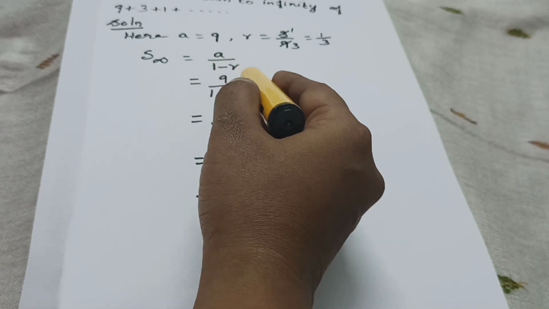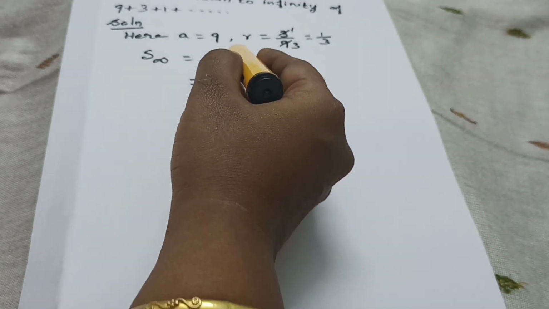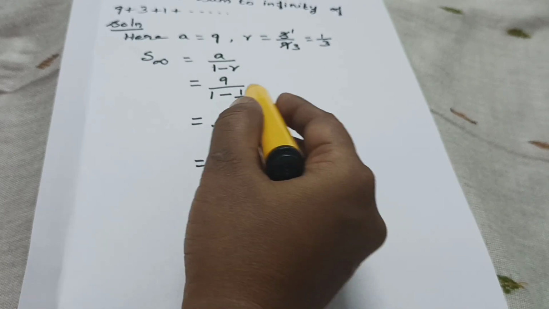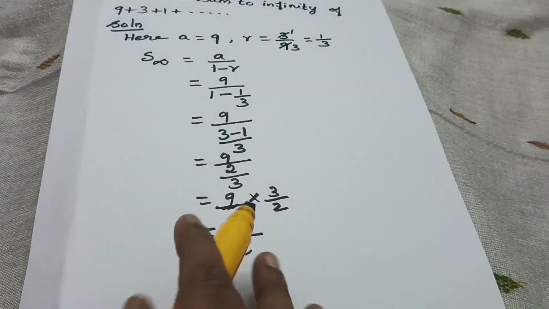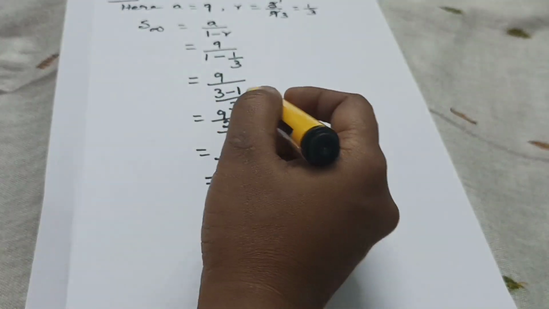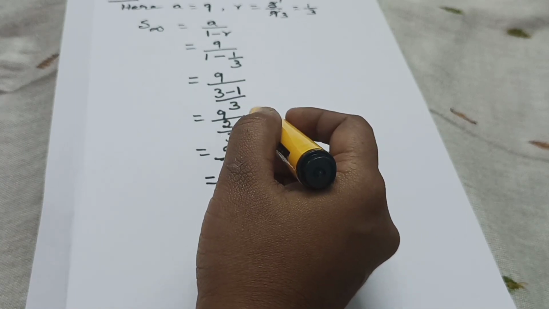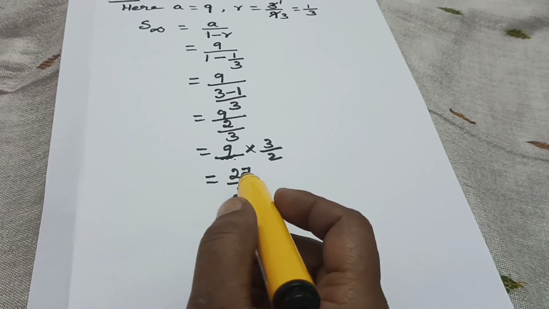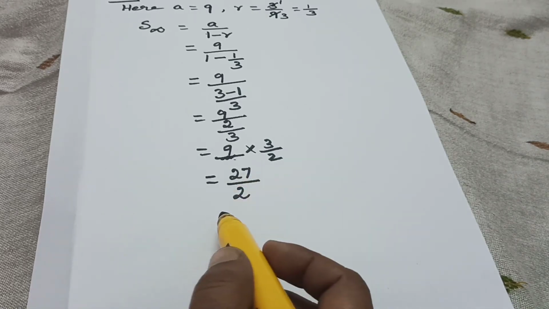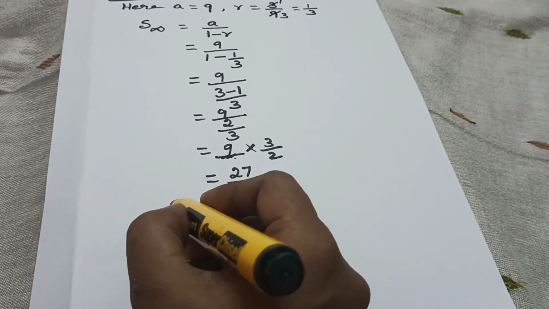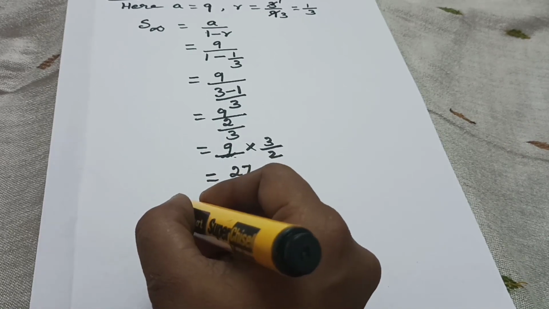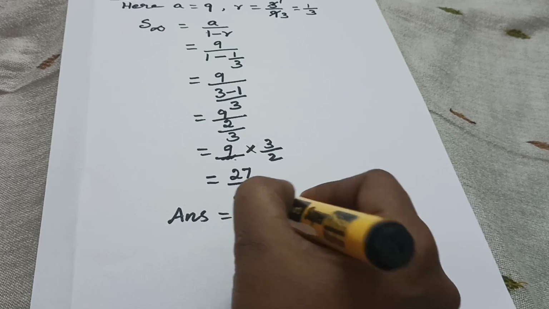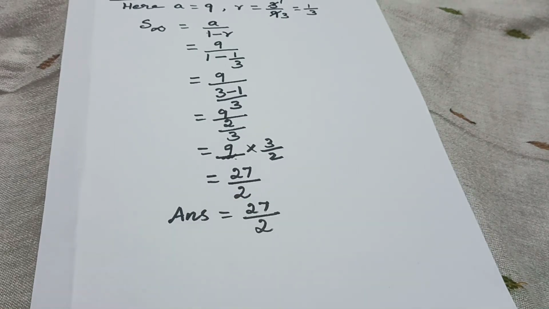A divided by 1 minus R. Infinity means we don't know up to how much the terms go. So S infinity is equal to A divided by 1 minus R. Then in place of A we substitute 9, and in place of R we substitute 1 by 3. Take the LCM, take the reciprocal and multiply, and what's the answer we will get? 27 divided by 2. Therefore the answer is 27 divided by 2.